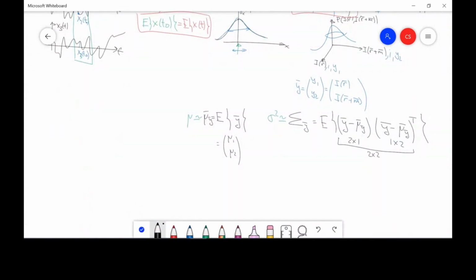It will have a single mean, mu1 and mu1. And my correlation matrix, in general, is like this: sigma 1 squared, then the correlation between the two, sigma 1 sigma 2, the correlation between the two, and sigma 2 squared. This is in general the covariance matrix.